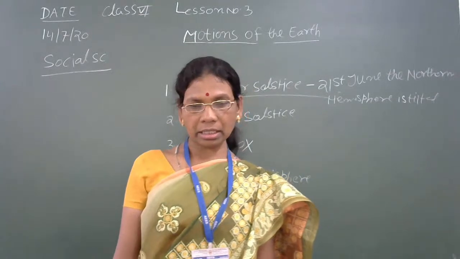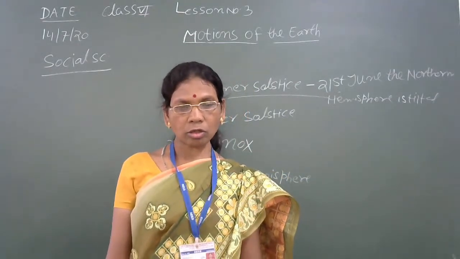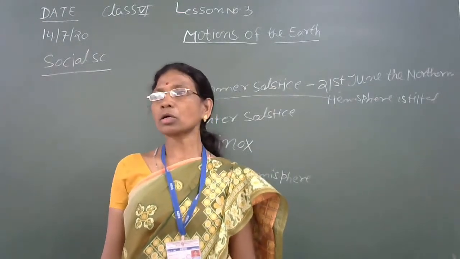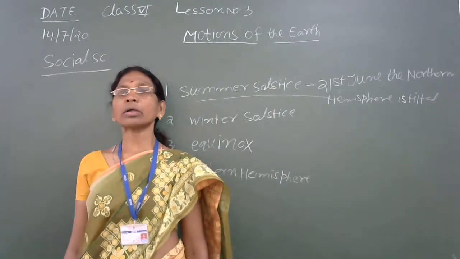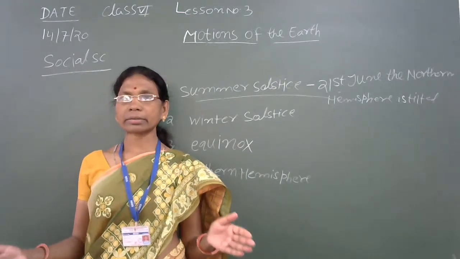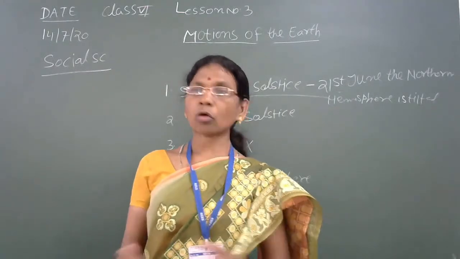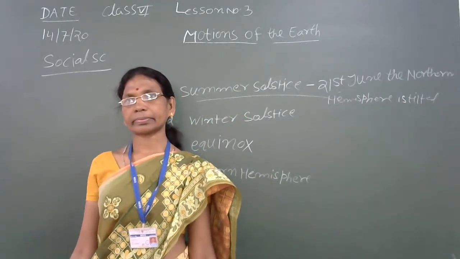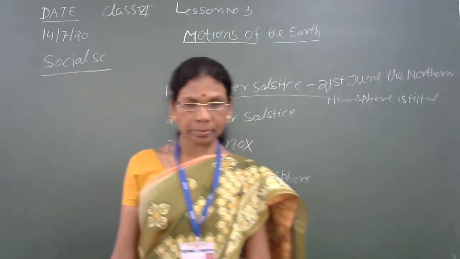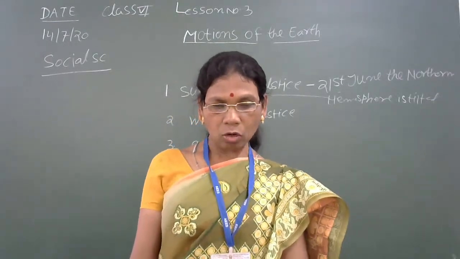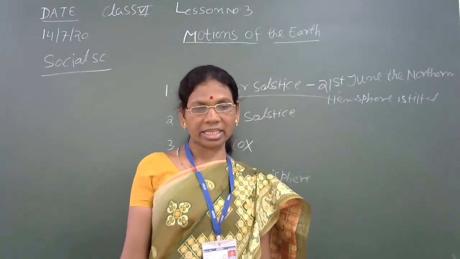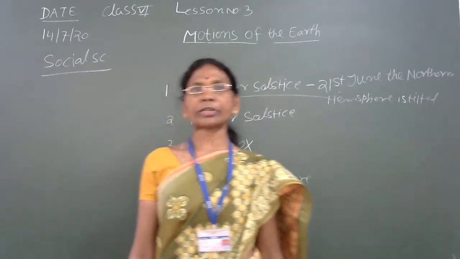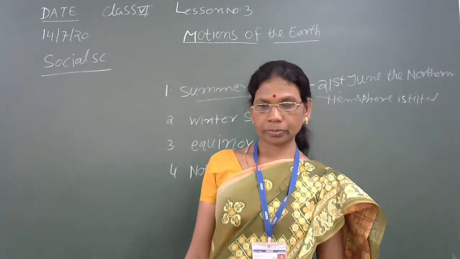It is summer in the regions north of the equator. Summer means days are longer and nights are shorter. Underline the point: the longest day and the shortest night at these places on 21st June.